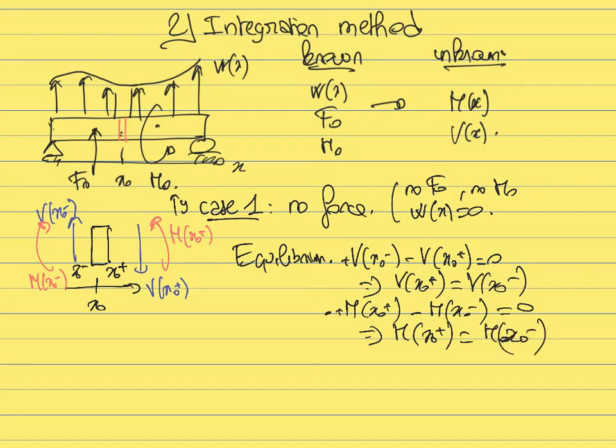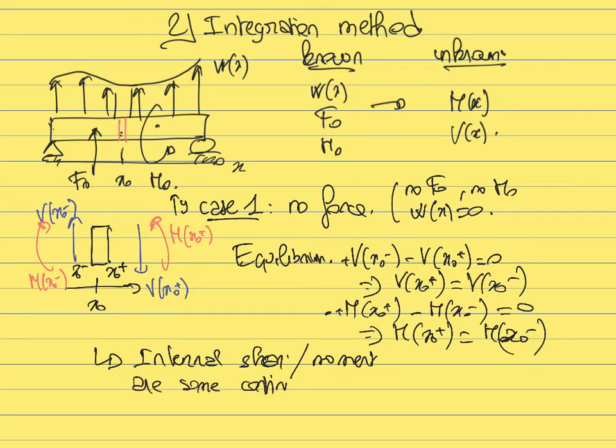So what does this tell us? If there are no forces applied, then the moment on the left is equal to the moment on the right, and the shear on the left is equal to the shear on the right. What it means is that if there is no concentrated force or concentrated moment at this point, then the internal shear and the internal moment are continuous functions.